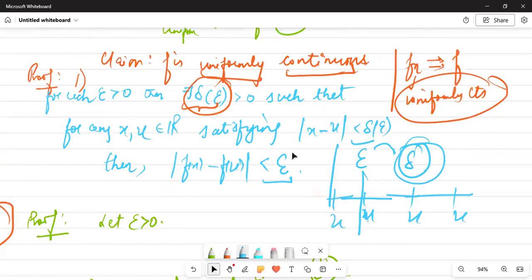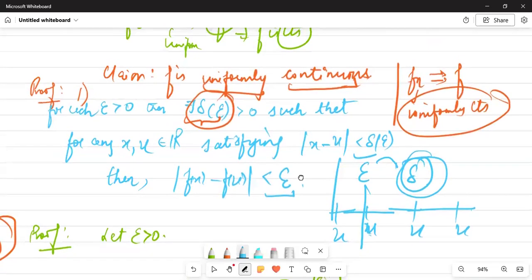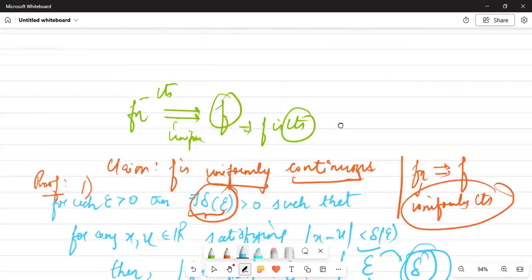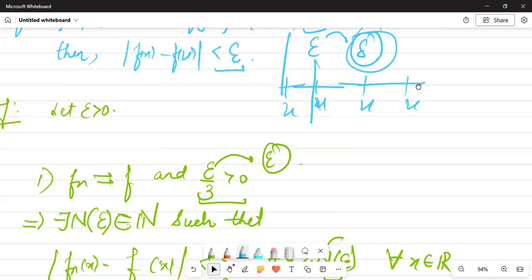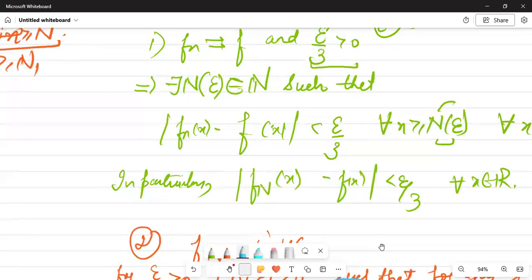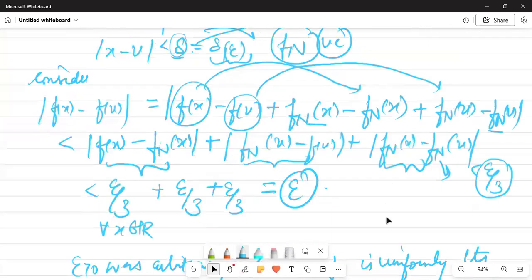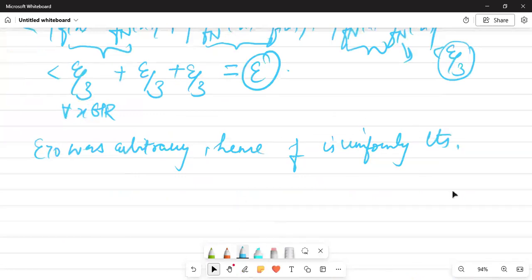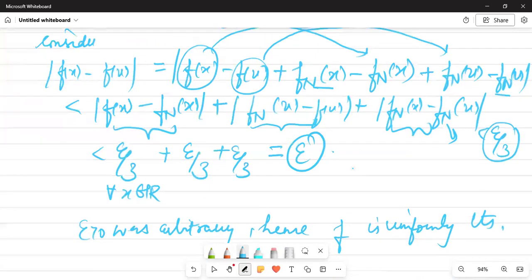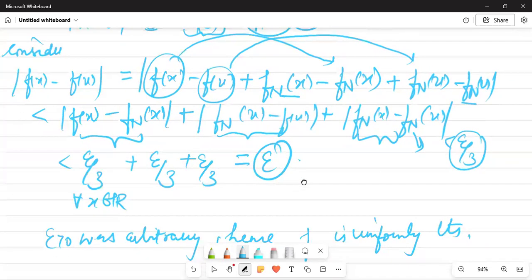Arbitrary means it doesn't have a particular value, so it is not going to affect our proof. So this proof holds for any epsilon, and that is the reason F is uniformly continuous, because if we have proven it for this epsilon, which was not taking a particular value, that means this proof is holding for any epsilon, and hence F is uniformly continuous.